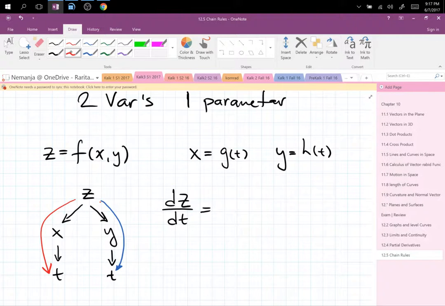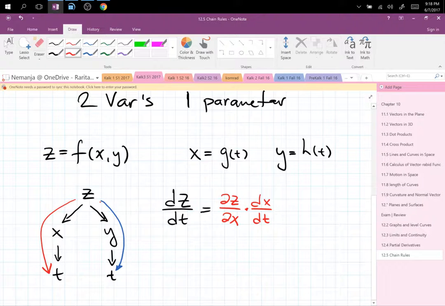So now, if you look at this, observe that function z is composed of two functions x and y, which is where the partial derivative kicks in. So if you go down the red line, you have to take the partial derivative of z with respect to x and multiply that by the derivative of x with respect to t.